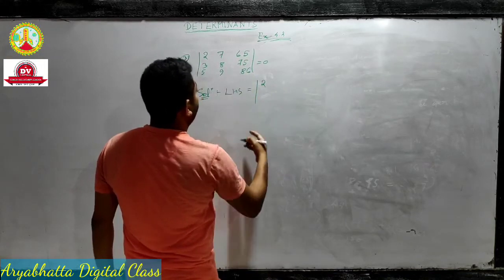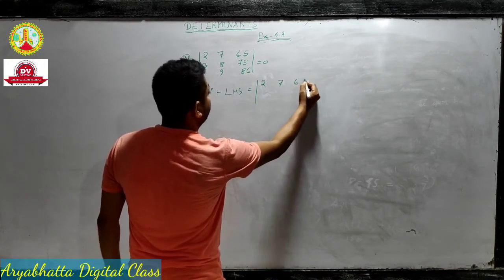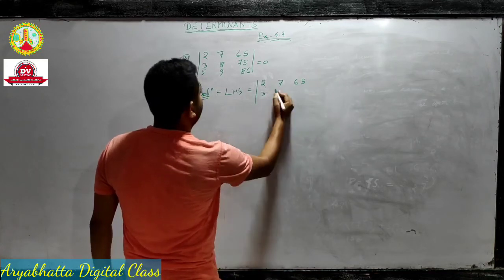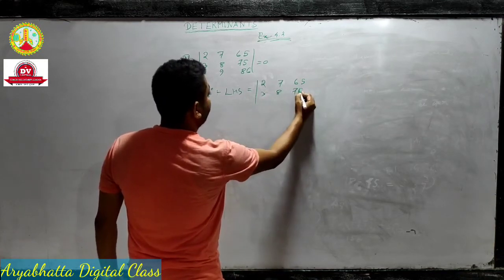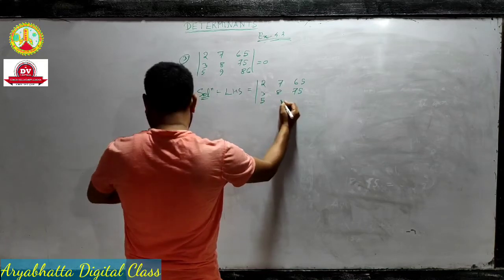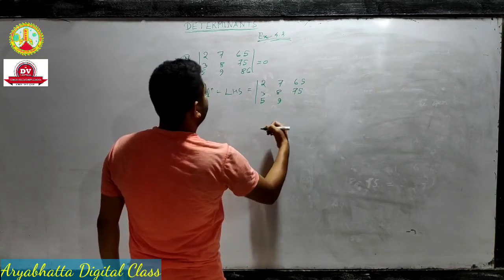The first row elements are 2, 7, 65, and the second row elements are 3, 8, 75, and the third row elements are 5, 9, 86.